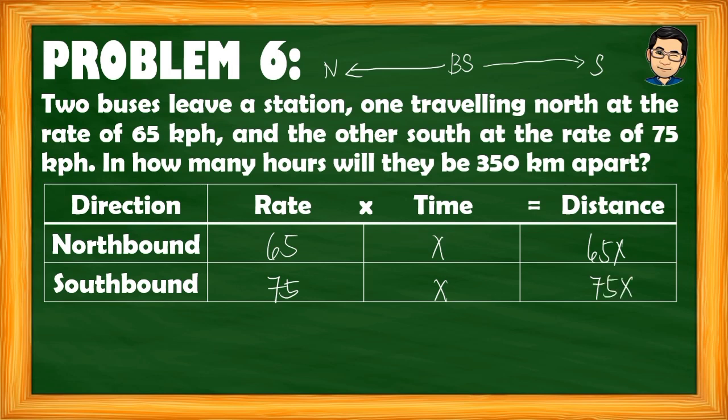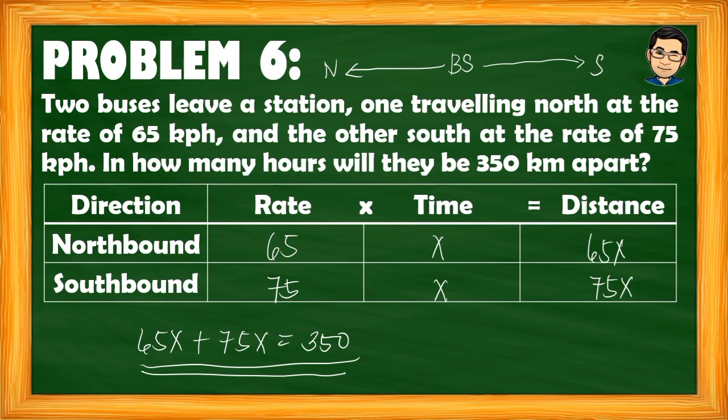Now, paano natin bubuuin ang kanyang equation? So, i-add lang po natin yung distance ng northbound tsaka southbound. So, 65x plus 75x is equal to yung distance nila, which is 350 kilometers. Okay, so yan po yung kanyang equation.